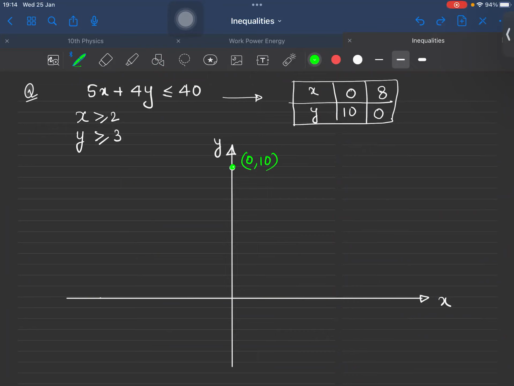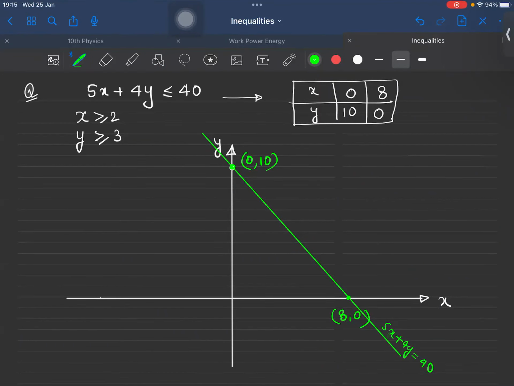So this is the point. Now, because there is an equality sign, we'll draw a solid line here. Let's extend the line. The name of this line is 5x plus 4y is equal to 40.